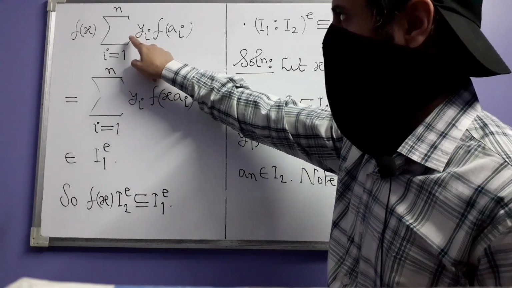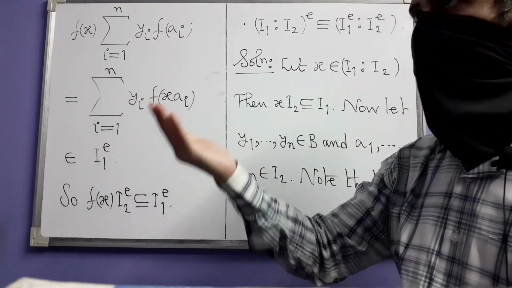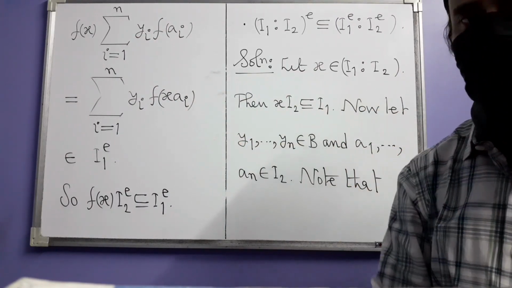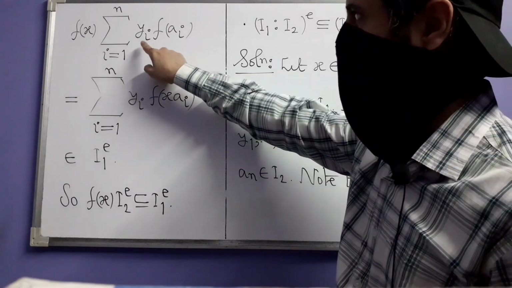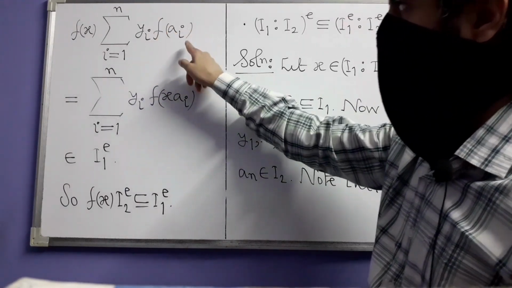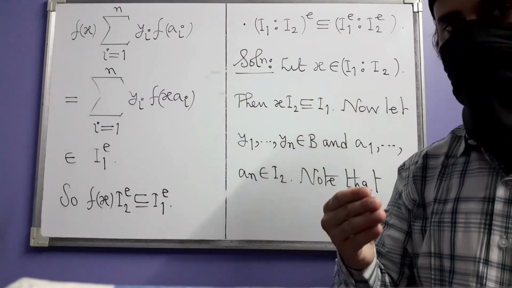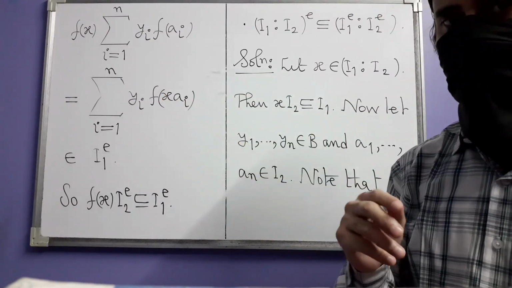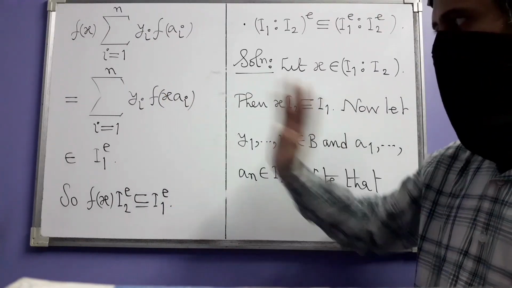And then you can change the position of f of x and bring it inside more, because all your rings are commutative. So the ring B is also commutative. So you can next write yi times f of x times f of ai. But f of x times f of ai is f of x times ai, because f respects multiplication, f is a homomorphism. So that's how we get this.